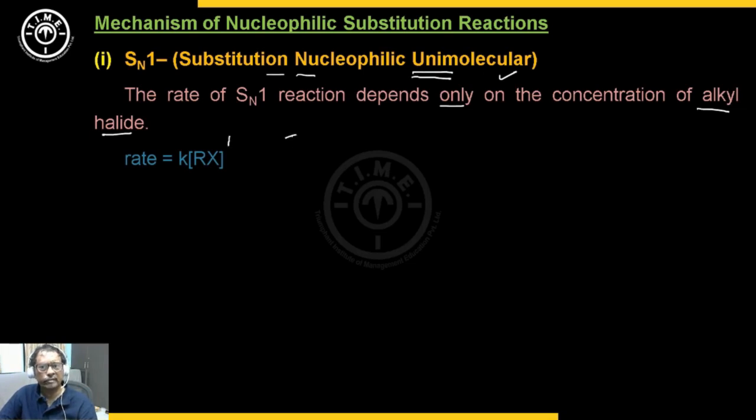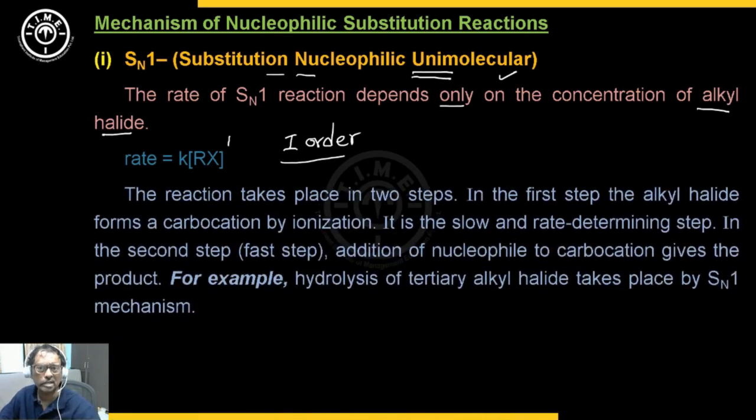So, it is also a first order reaction. From chemical kinetics, you know that when the power is 1, it is order 1. It is a first order reaction. It is also a unimolecular reaction. It's only a coincidence, right? All unimolecular reactions need not be first order, but in this case we have found that order and molecularity are matching. Clear?